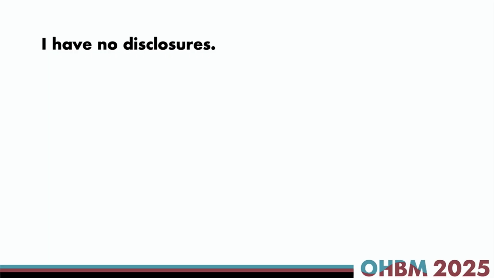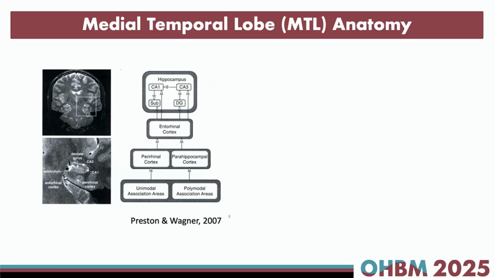I have no disclosures. So let's talk about what we do know. Much of this work has been established by extensive tracer studies, electrophysiological studies, stimulation studies, as well as careful anatomical and histological studies of the different regions of the medial temporal lobe, so that we can better understand these distinct subregions.